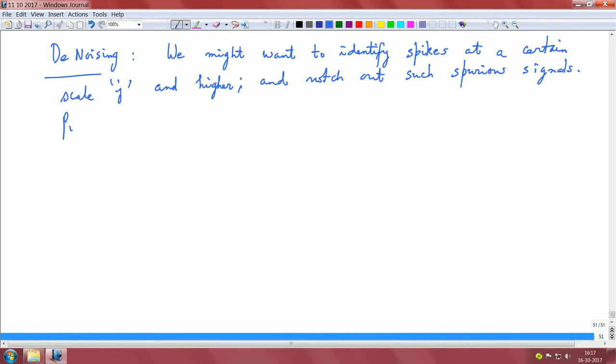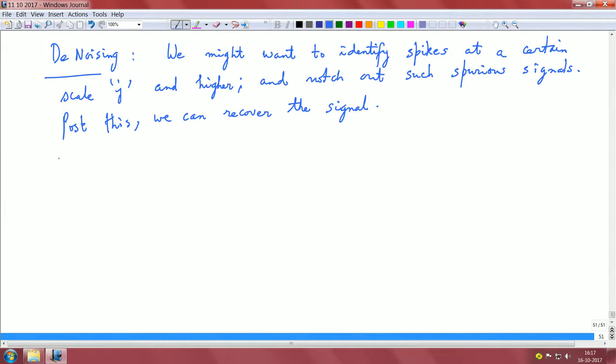So, basically after cleaning the signal, after removing these spikes, we can recover the signal. And there are plenty of applications for this purpose. We want to have a clean signal, we want to remove the noise first, get a clean signal to start with, from which you can do many things.